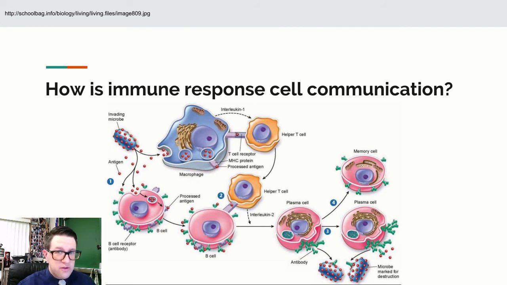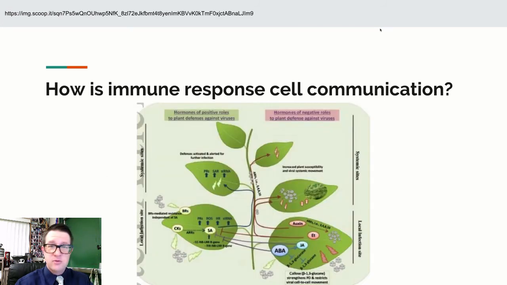Whether you know what the invader is or not is a different story. Well, how is that possible? It's cell communication. Plants do this, animals do this. We know the animal version a lot better than the plant version because the plant version actually involves chemical warfare, and ours is not as much chemical warfare. But they still have the ability to identify.